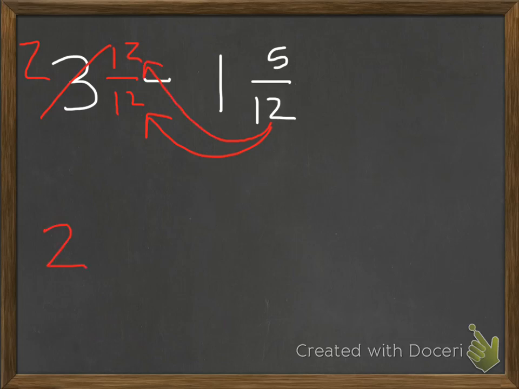So now I have 2 12/12 minus 1 5/12. 2 minus 1 is 1. 12 minus 5 is 7, and my denominator stays the same. So my answer is 1 7/12. So essentially they're just taking 1 whole away from the whole number and using the denominator from the other fraction to make another fraction.